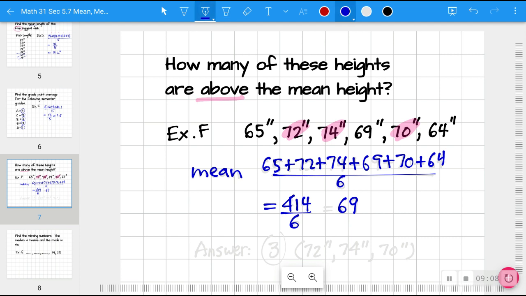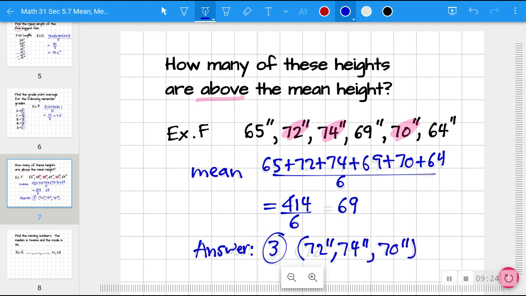So the answer here is there's 3 heights that are above average. And then I'll list them again. 72 inches, 74 inches is above average, and 70 inches is also above average.